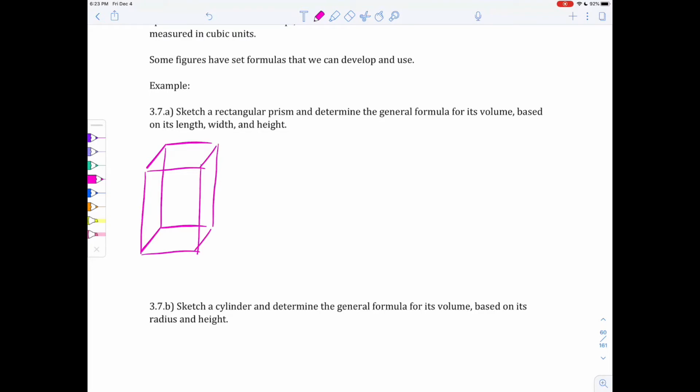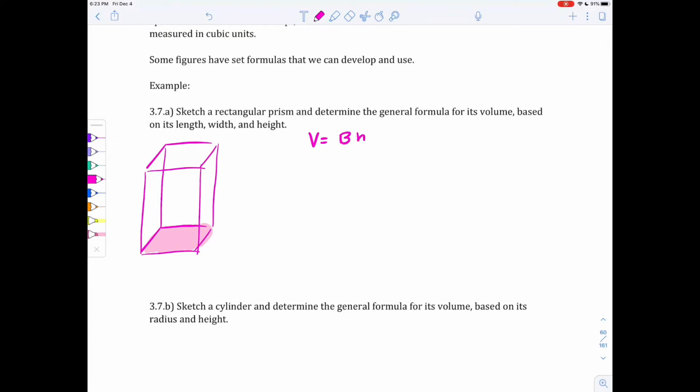And determine a general formula for its volume based on the length, width, and height. Because volume is a prism, it has 2 bases. Our general prism formula would be the area of the base. Remember, we're still seeing that same variable, that capital B, like we did in surface area, represents the same thing, times its height.